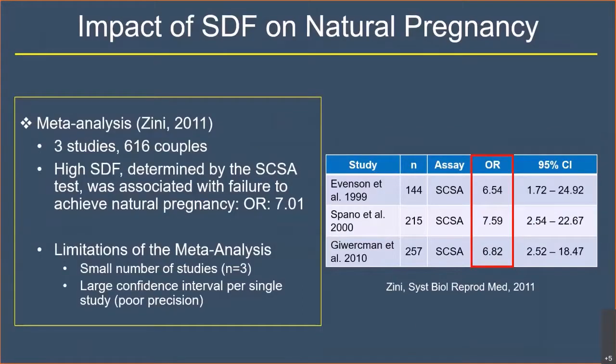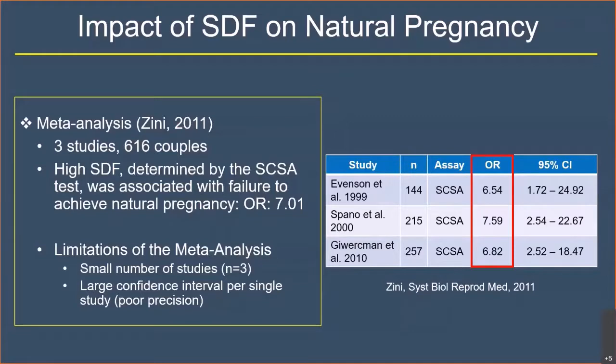But let's move on to natural pregnancy, the impact of sperm DNA fragmentation on natural pregnancy. In this slide, I reported the results of a meta-analysis published in 2011 by Zini. In this meta-analysis, 3 studies were included, for more than 600 couples, as you can see in the table here on the right side.